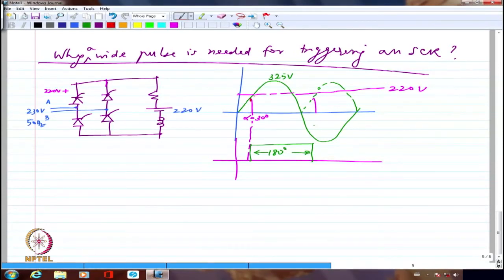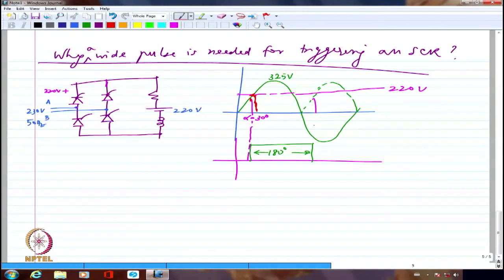For example, whatever is the 220 volts battery's value and the sinusoidal voltage that is coming in, if they are exactly meeting with each other at that point, at least I will start slowly forward biasing the device. So that device will get fired after this.